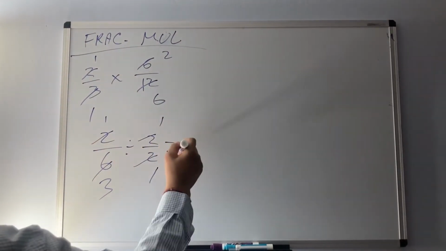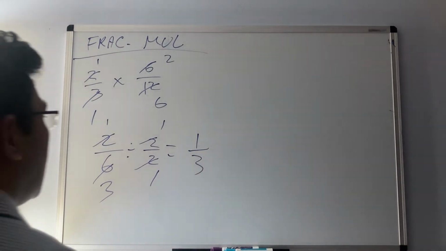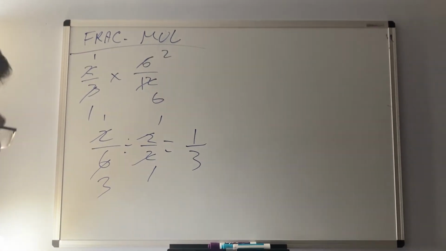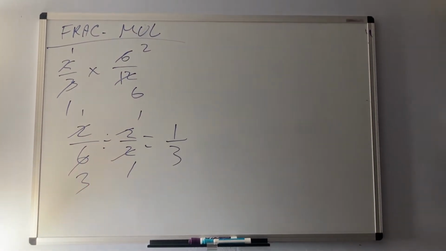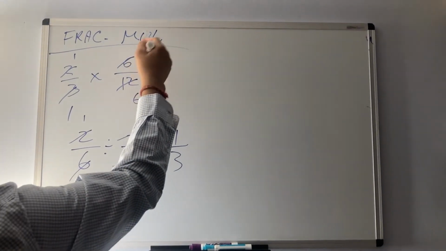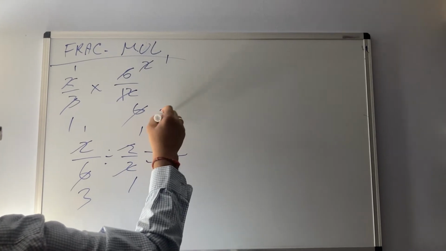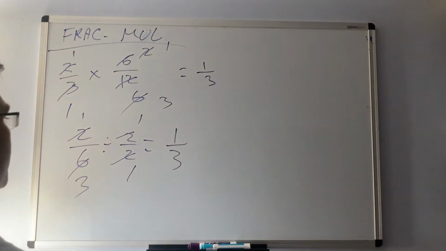So 1 times 1 is 1, 1 times 3 is 3. Another way, the shortcut, in order for me to explain, I have to do this next step, but I could just divide over here, which is 2 goes to 2 one time, 2 goes to 6 3 times. The same solution. So the answer is 1/3.